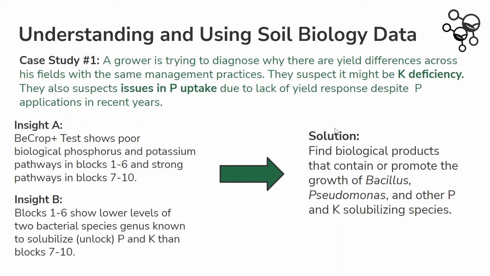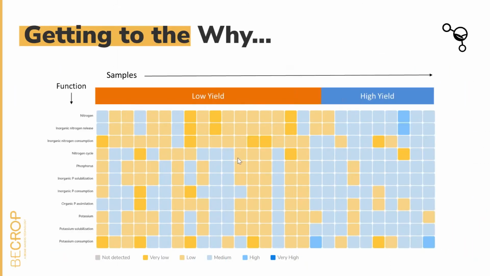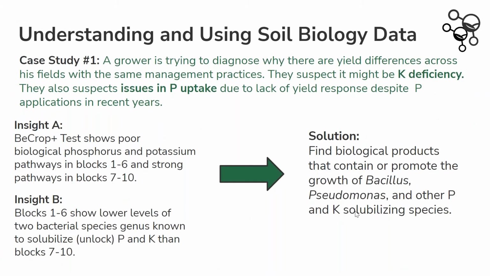We need you guys to make that decision. So understanding how to interpret the reports and how to get to some of these things and understand the why is what we help you do. Creating the action for how we address those issues is really what we want to empower you guys with.